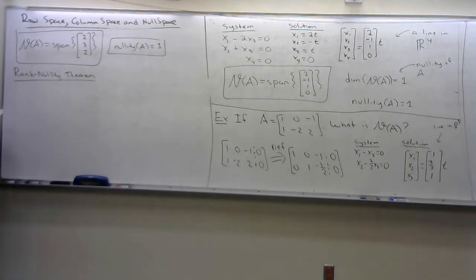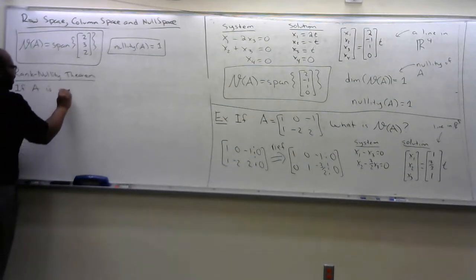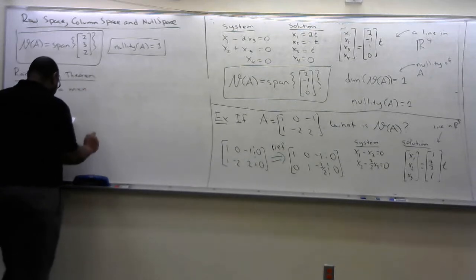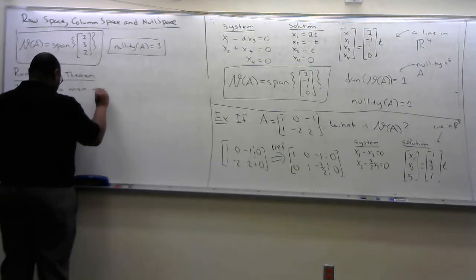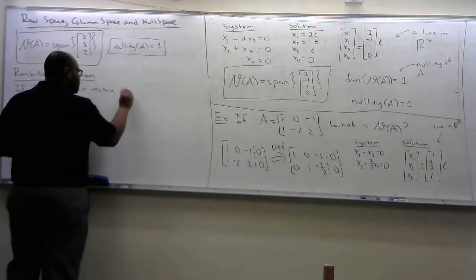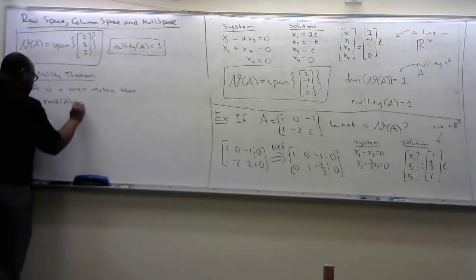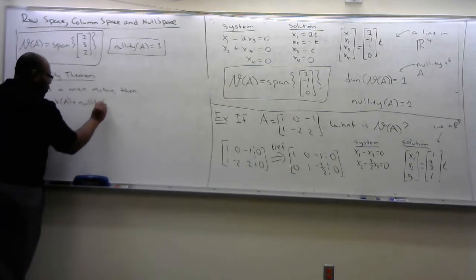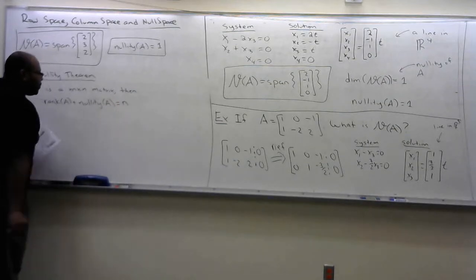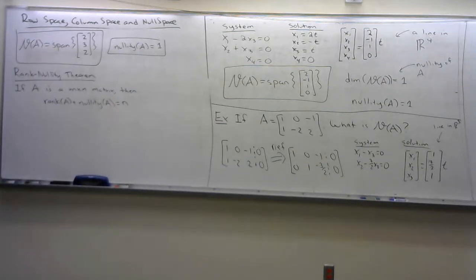It says, if A is an m by n matrix, then the rank of A plus the nullity of A is equal to n. This is the rank nullity theorem.